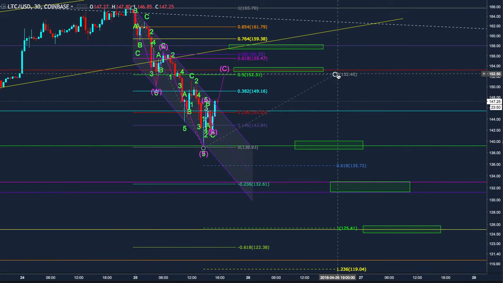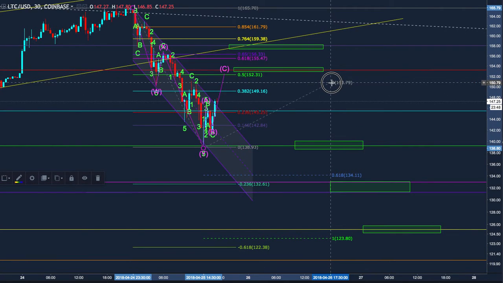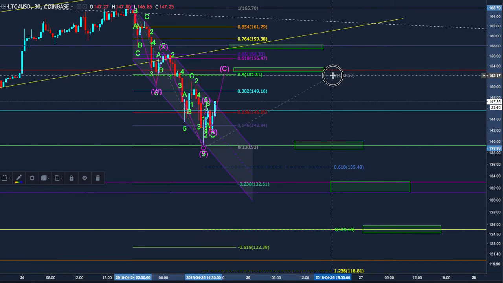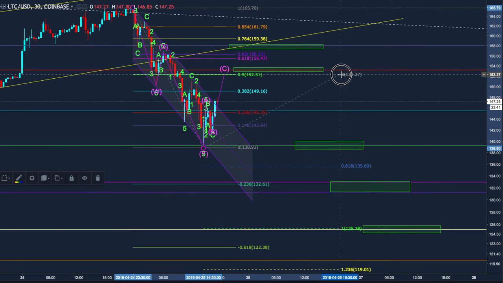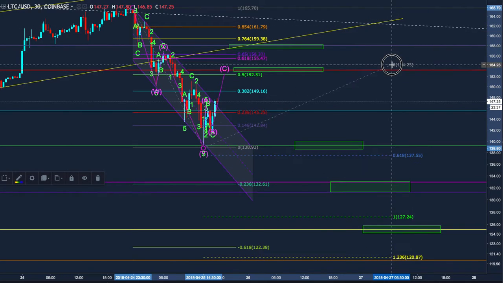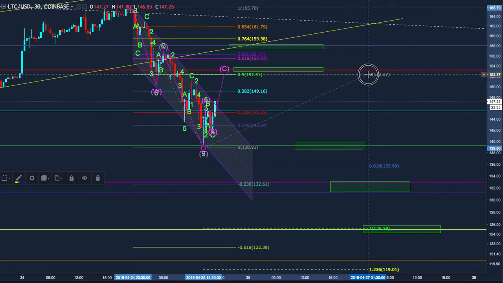And what I want to do is pick a termination point for B that's going to coincide with some termination points for this larger ABC zigzag. And again, this is all extrapolation, so there's no guarantee that price is going to do this. It's just the exercise that I do to get some indication of where price may be going.